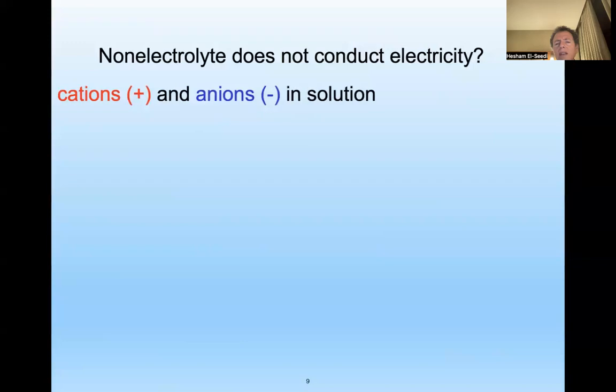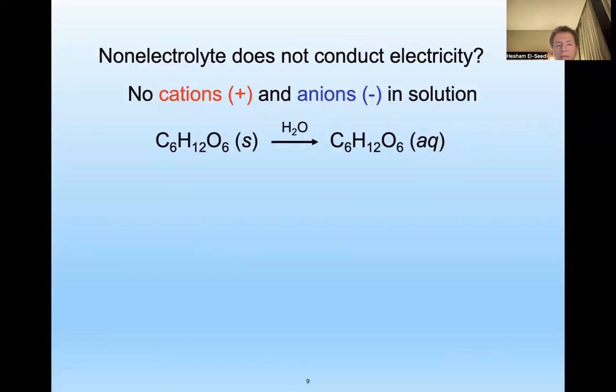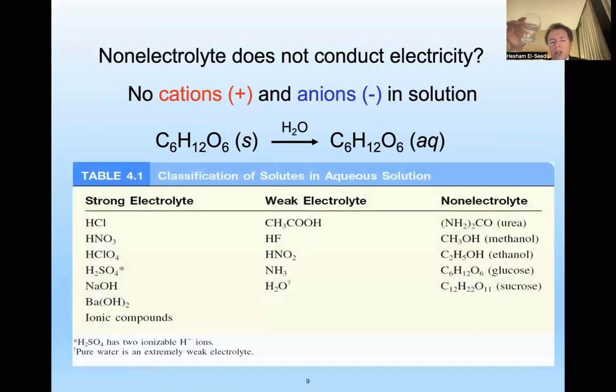Then a non-electrolyte doesn't conduct electricity at all. So it means that you don't have cations or anions in the solution. Let us take sugar, like the one I used here, and you add water. It gives you aqueous sugar.